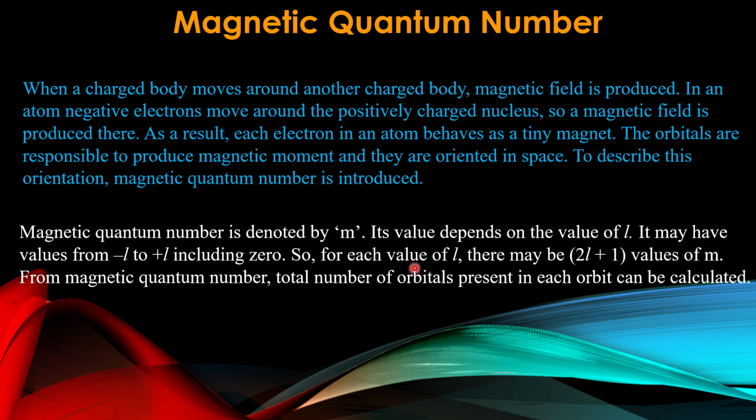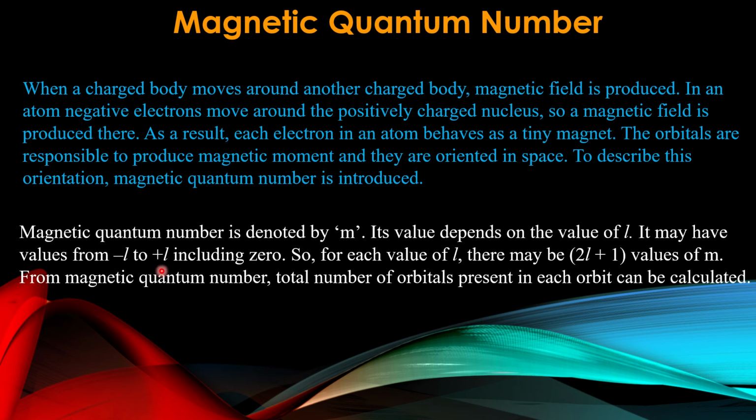Now, magnetic quantum number is denoted by M and its value depends on the value of L. Before that, we have learned that the value of L, that means subsidiary quantum number, depends on n. And now, the value of magnetic quantum number depends on the value of subsidiary quantum number.